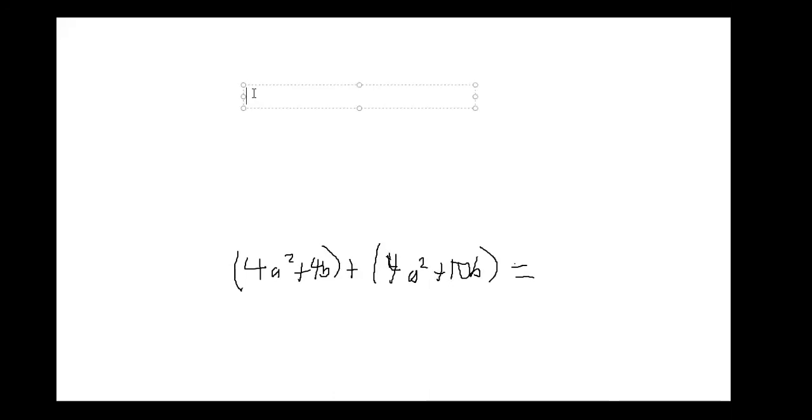We're going to go 5c minus 8 plus parentheses 4c minus 7.